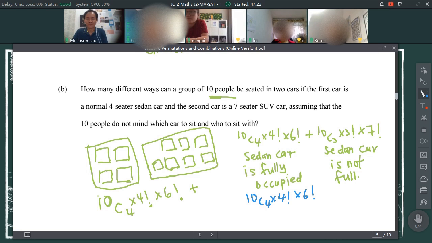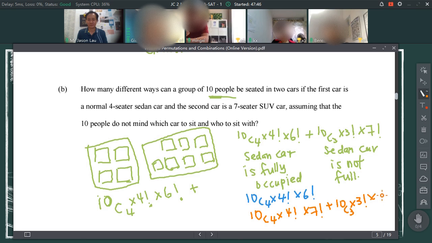I thought it's the other way, as in, 10 choose 4 times 4 factorial times 7 factorial, then plus 10 choose 3 times 3 factorial times 7 factorial. Oh, so this one and this answer are quite similar. Okay, this is for fully.